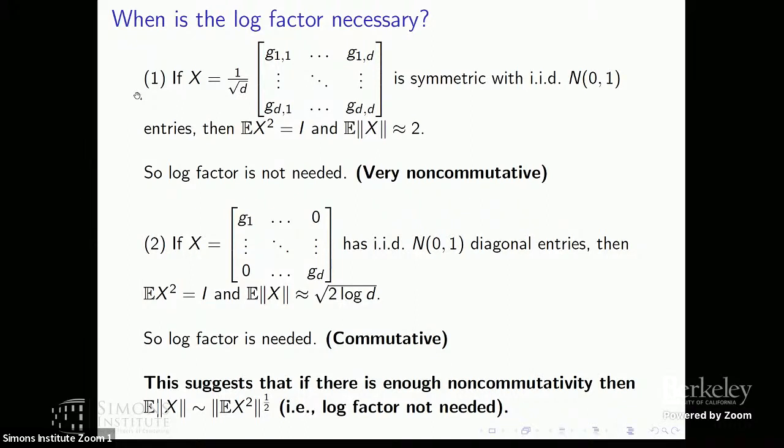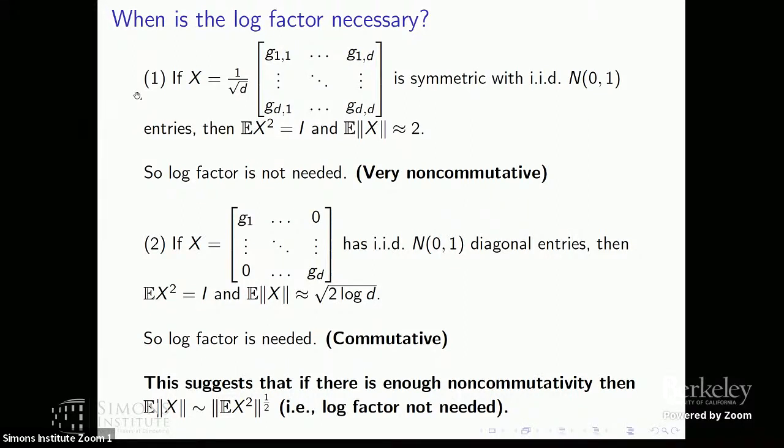In the second case, if we take an independent copy of X, call that Y, X and Y always commute. So from that point of view, the first one is very non-commuting and the second one is commuting. This suggests that if there is enough non-commutativity, then the log factor could be removed.